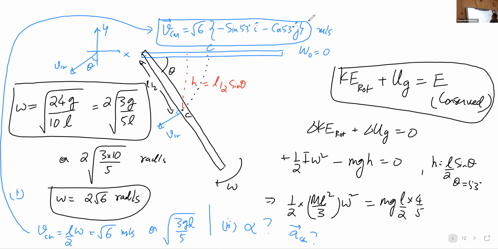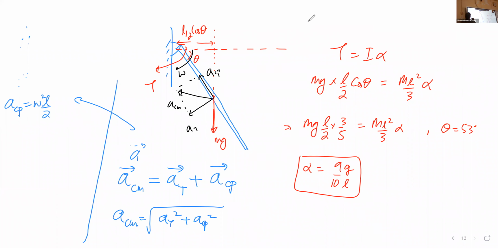Omega square was 12 by 5 times g by L. So this will become 6 by 5 g. This will be the centripetal component of acceleration.